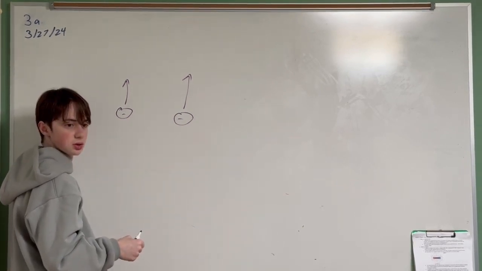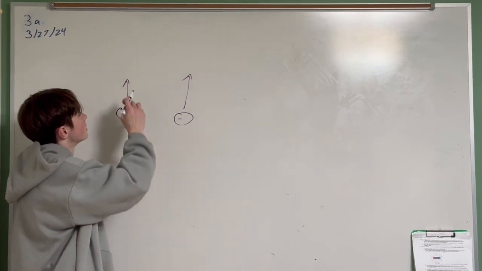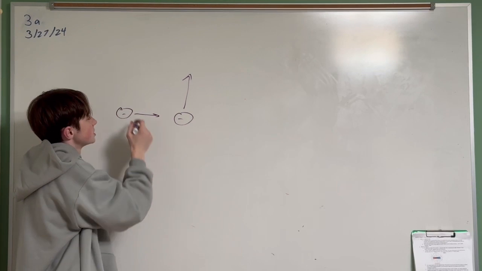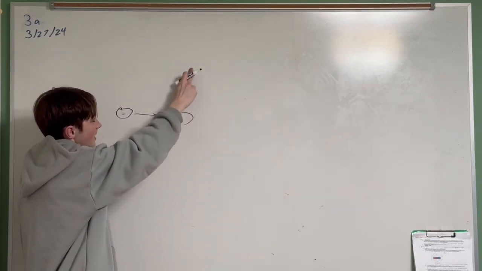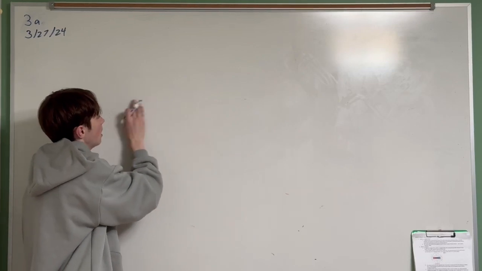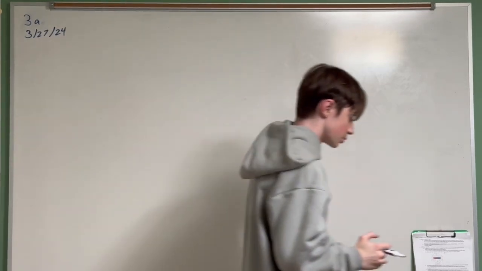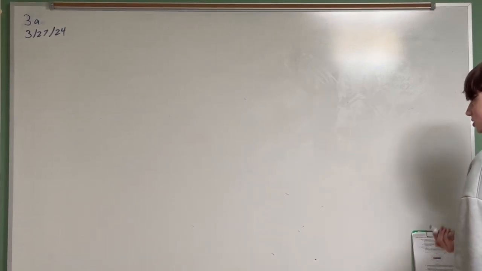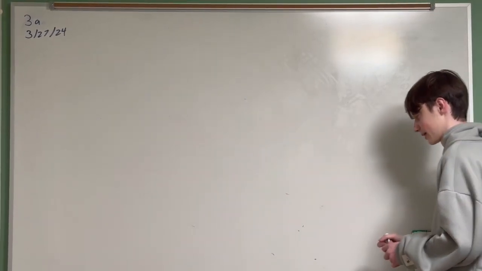And they will have perpendicular forces, which are magnetic forces, or magnetic fields. So you don't need to know exactly how this works, but it's good to know that magnetic fields are just electric fields that are moving, pretty much.